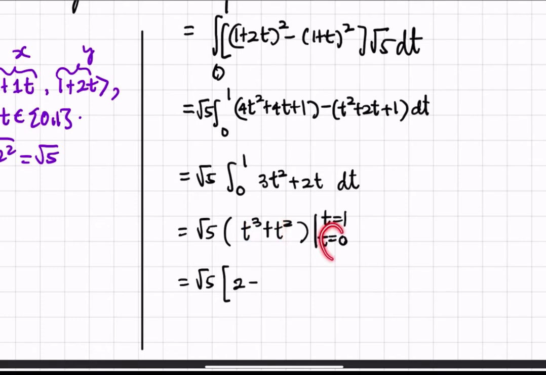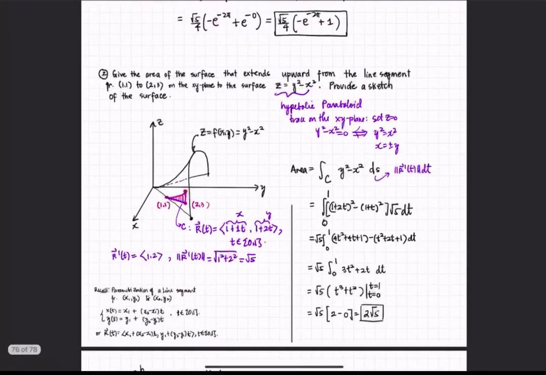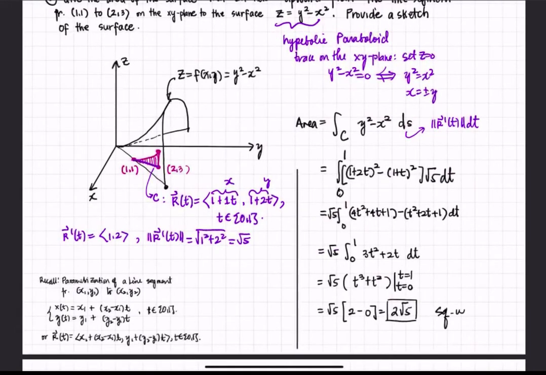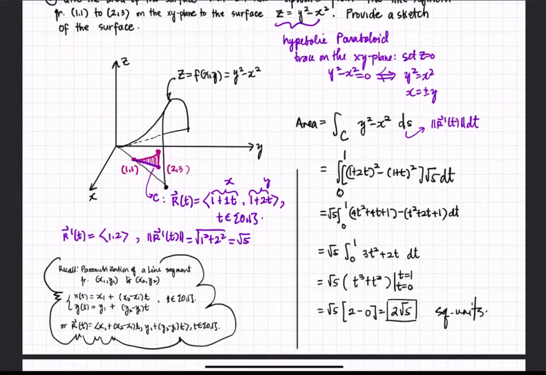Minus, when t is 0, 0 plus 0 is 0. So the area is 2 square root of 5 square units. Okay, let's add the square units. Let's box this so that we don't mix up what we're doing.